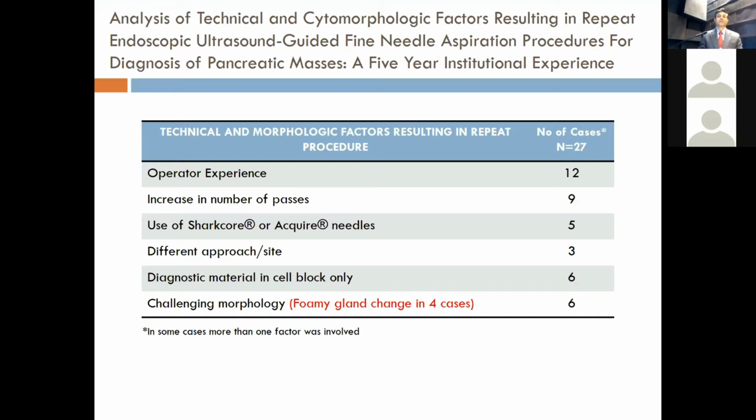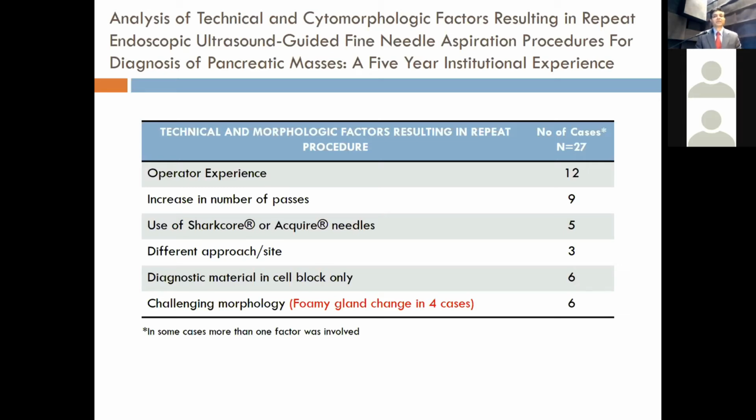We actually did a retrospective study to identify causes that lead to repeat FNA procedures. In the 5-year span that we looked at, we found 27 cases that had repeat procedures. A total of 58 procedures were performed.